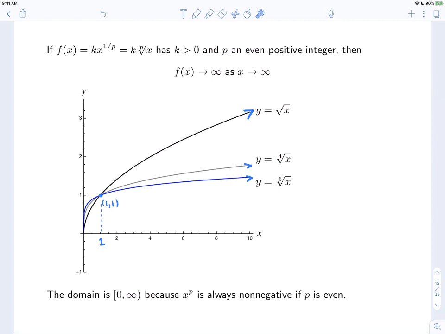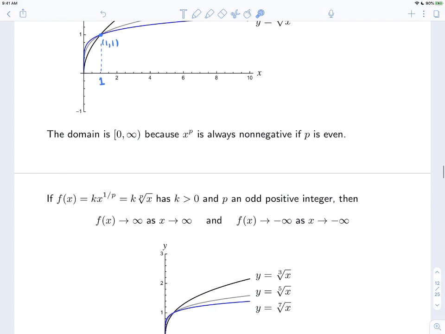In other words, you can't take the square root of a negative number. You can't take the fourth root of a negative number or the sixth root of a negative number. And if you do, you get something which is not real. You get complex numbers, but we're just talking about real numbers. So that's why the negative x values are not in the domain of these functions.